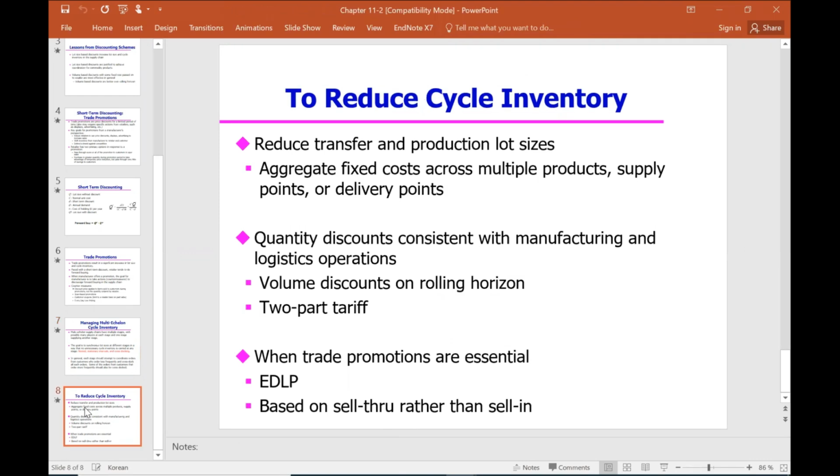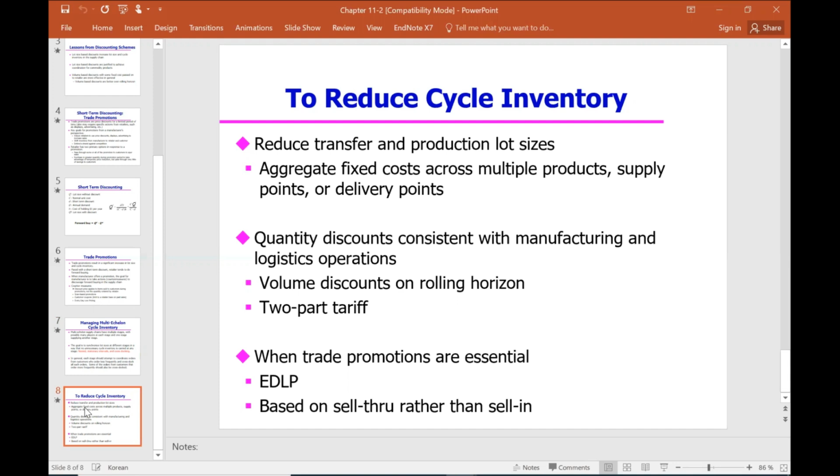Now it's time to conclude all about managing the cycle inventory. What we learned from the previous classes is that we had better aggregate the fixed cost across multiple products, supply points, and delivery points, just like a cross-docking system.